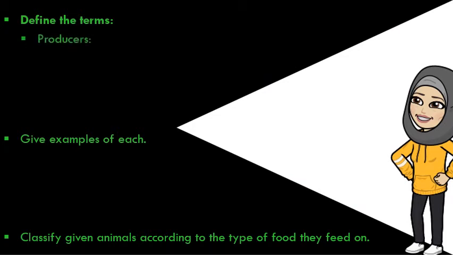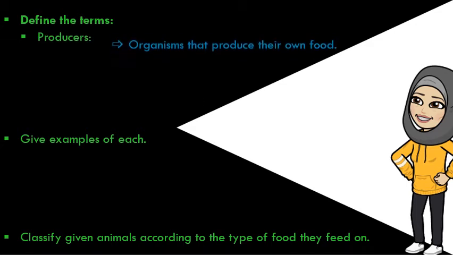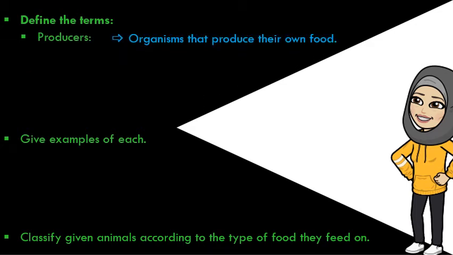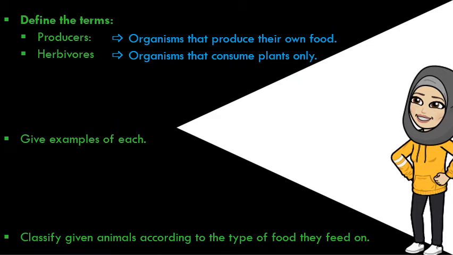Let's recap. What do we mean by producers? Producers are organisms that make their own food. Herbivores. Herbivores eat plants only. That's right. Omnivores.